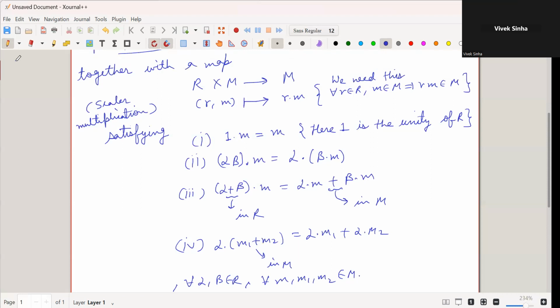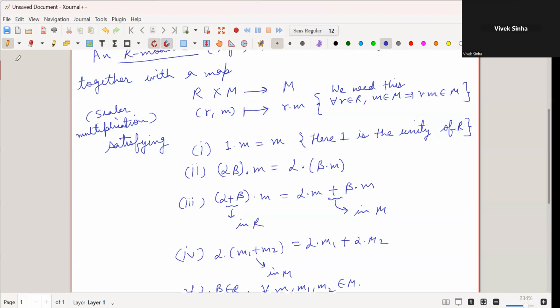Vector spaces are over a field, but here we have a ring, and over the ring we defined a scalar multiplication for the abelian group, and that scalar multiplication satisfies these compatibility conditions.